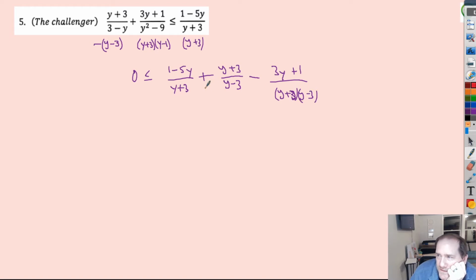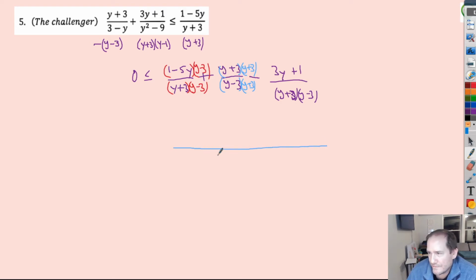Well, this guy needs a factor of y minus 3. So you'll multiply by that on the top and bottom to generate your common denominator. And this factor needs a factor of y plus 3, so you'll multiply by that on the top and bottom. Then from there, everything will have the right denominator.